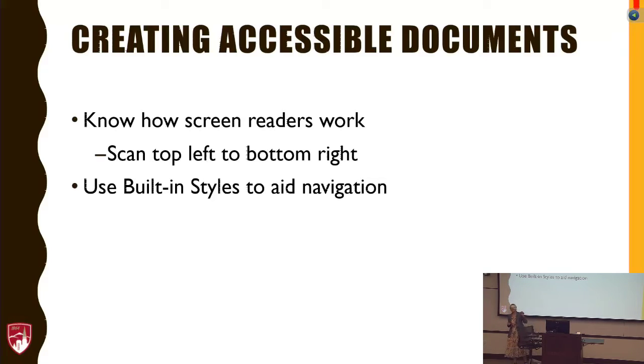So for every single header, if you use the built-in styles for Word, it'll say section 1, legislative history. And then it'll let the student tab to the section, if you properly use the styles, that is most relevant to them, instead of reading linearly through the whole document.